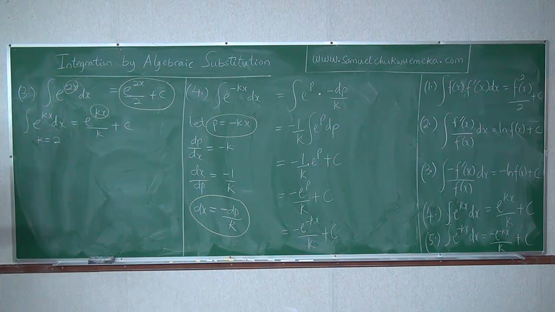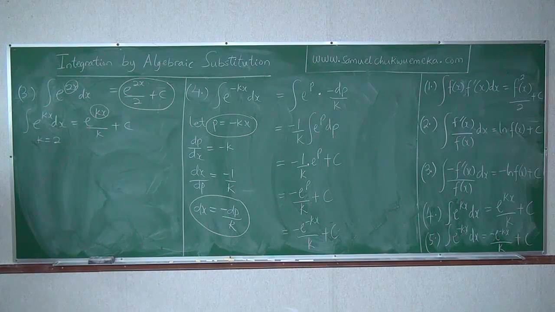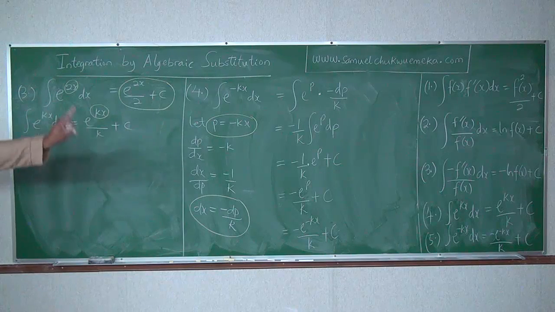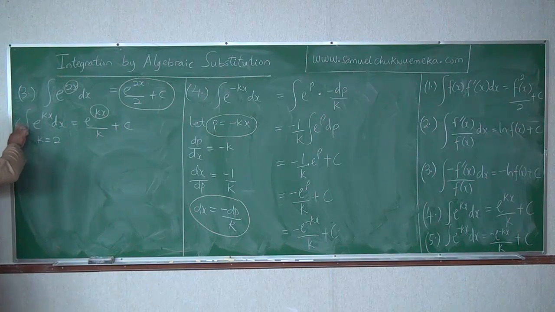Okay, but let's still do it with number 1. It will still work, and then we'll just do it normally, as if we don't have these standard integrals. This is one of them.